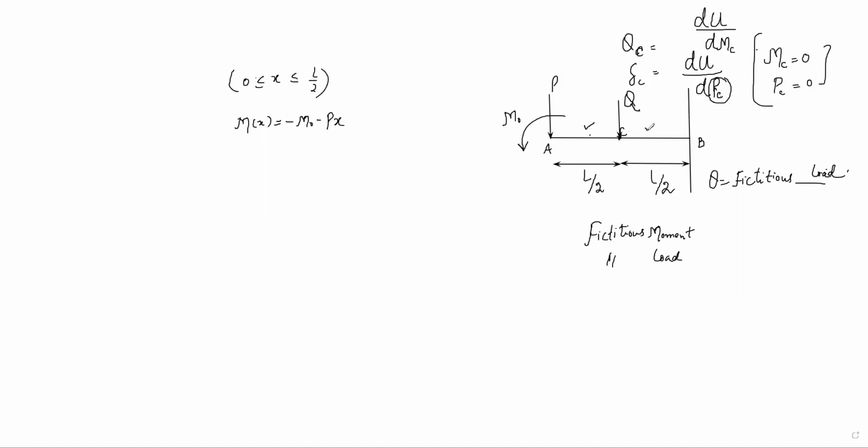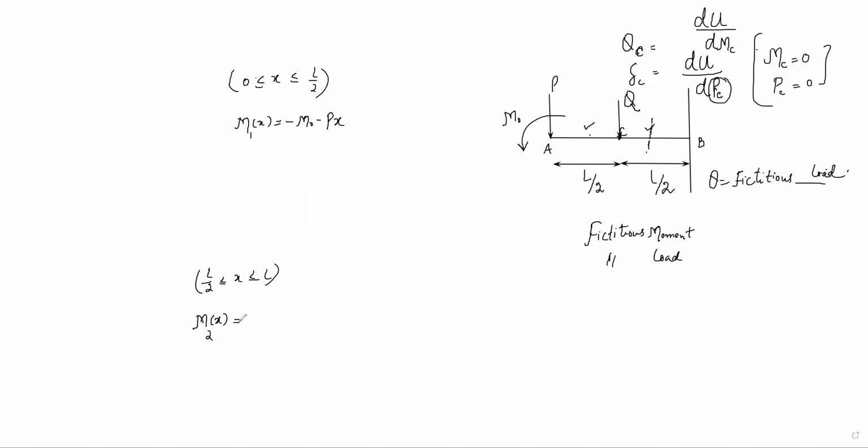Now for this region, what will be the strain energy when you take the moment over here, when you draw the section out here? So for the region between L by 2 to L, the bending moment equation, M as a function of x, let me call this as M1, because this is in this region. Let me call this as M2.